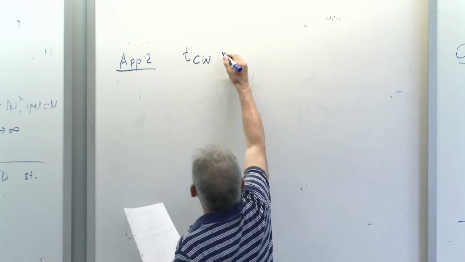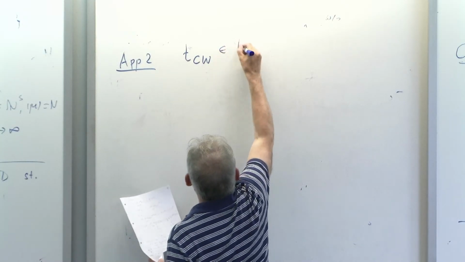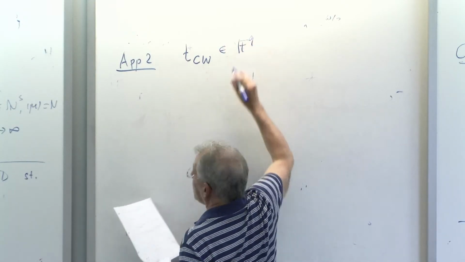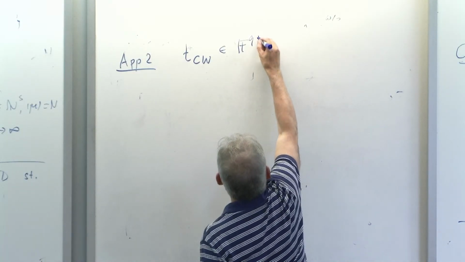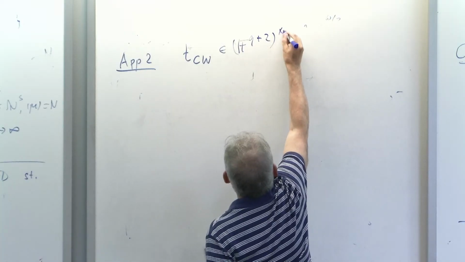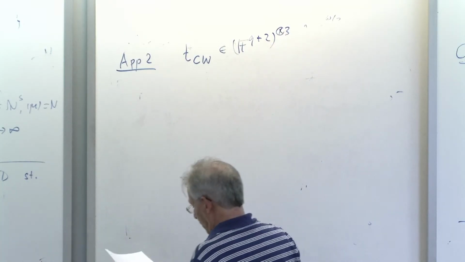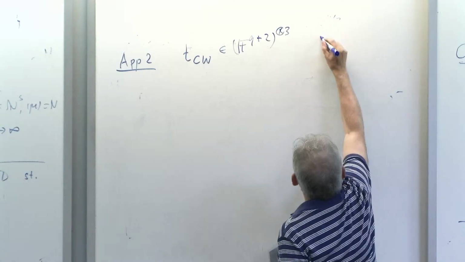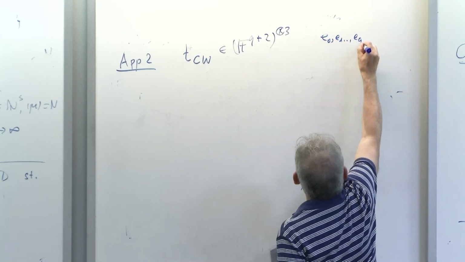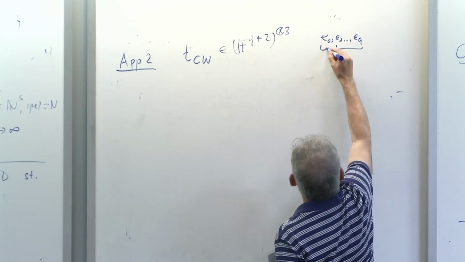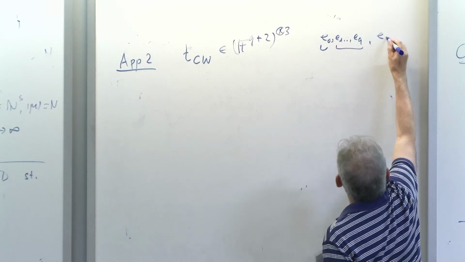So it will be here. Now this was q plus 1, now I have q plus 2. I said I add one dimension. Now I have to write it. So what do I have? Before I had the basis vectors E0, E1, up to Eq. Okay, they formed a group. Now there's another one.